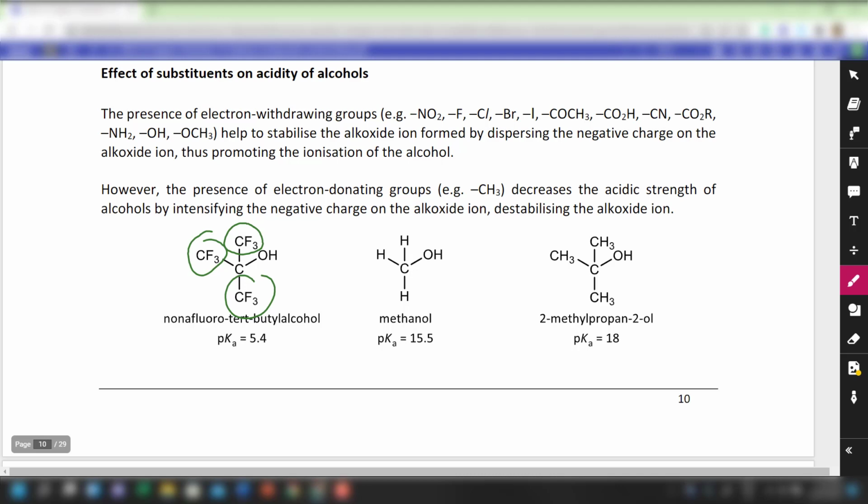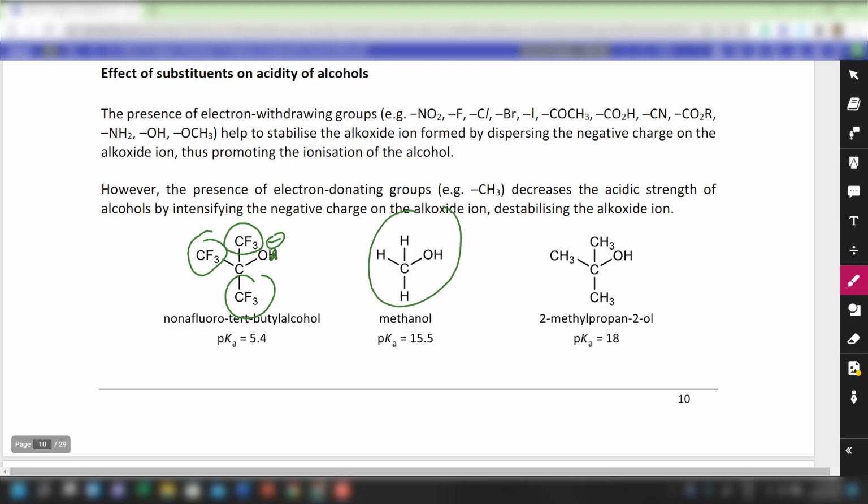Because fluorine is more electronegative than carbon, it is able to withdraw electron density through the sigma bonding framework, binding up all the carbons and of course the O. So if the corresponding conjugate base loses the H+ with an O⁻ here, the withdrawing effect will help to stabilize the negative charge, making the negative charge less negative, so that it has a lesser tendency to grab back the H+. Yeah, of course, as compared to say methanol.